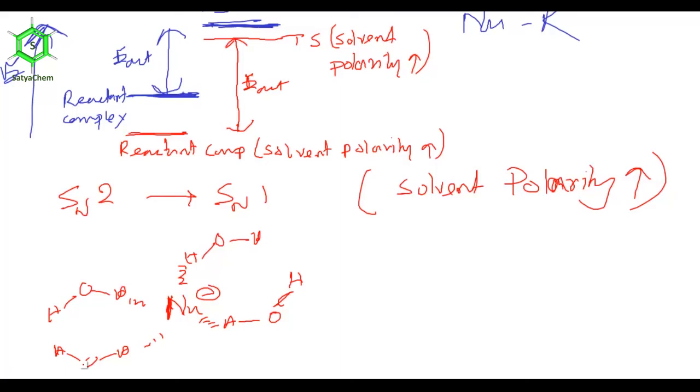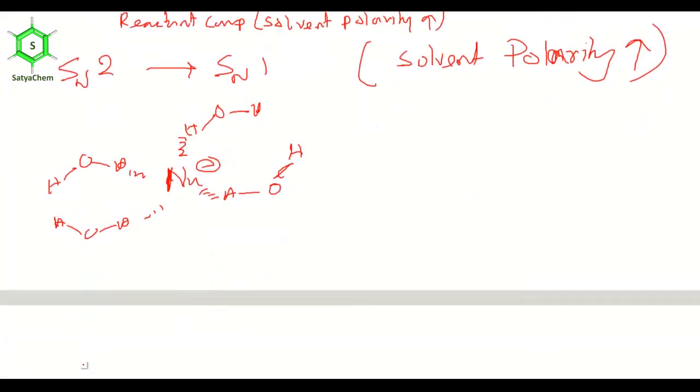I think you have understood. If the nucleophile is strongly solvated, there is a lower probability that it will attack the electrophilic carbon center. So the rate of SN2 reaction will drastically fall. But in case of a soft nucleophile like I minus, it is not going to make hydrogen bond with water because the charge density on iodine is less compared to that of F minus or Cl minus.